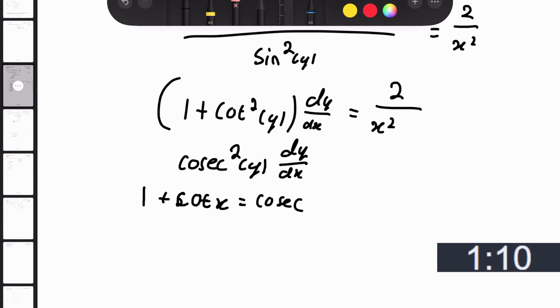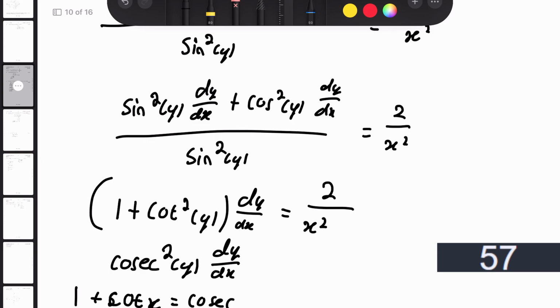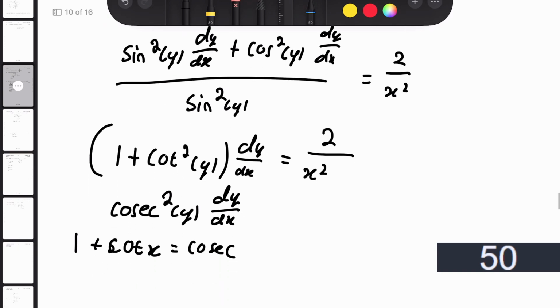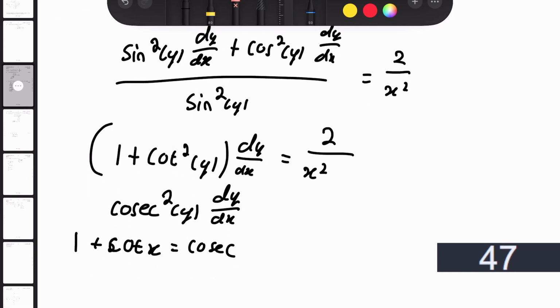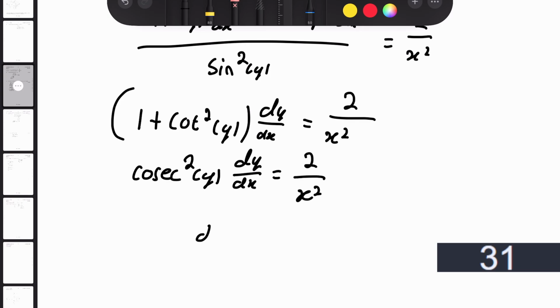Oh, I feel like I'm so close. So you get 2 on x squared, x squared cosecant.